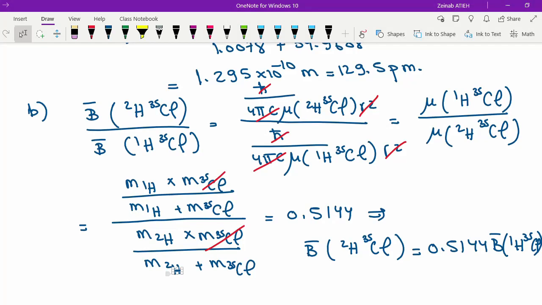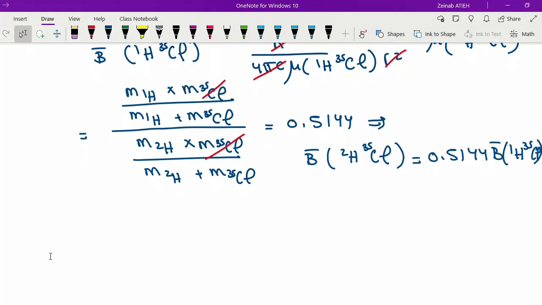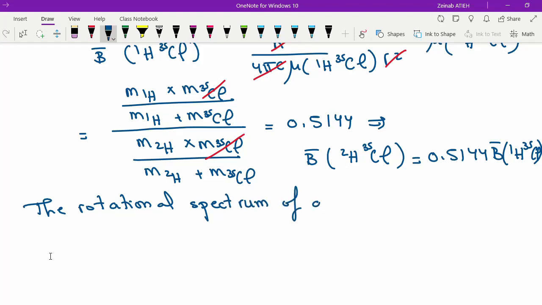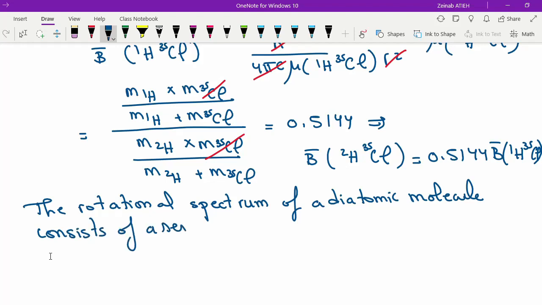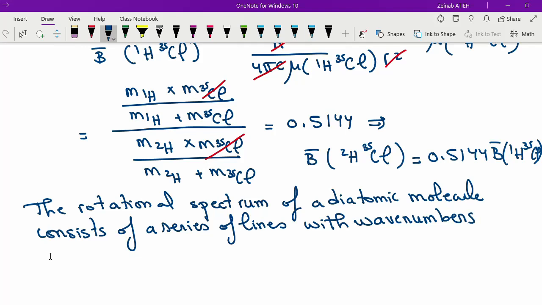We have seen that the rotational spectrum of a diatomic molecule consists of a series of lines with wave numbers 2B bar, 4B bar, 6B bar, 8B bar, etc. So it depends on B bar.